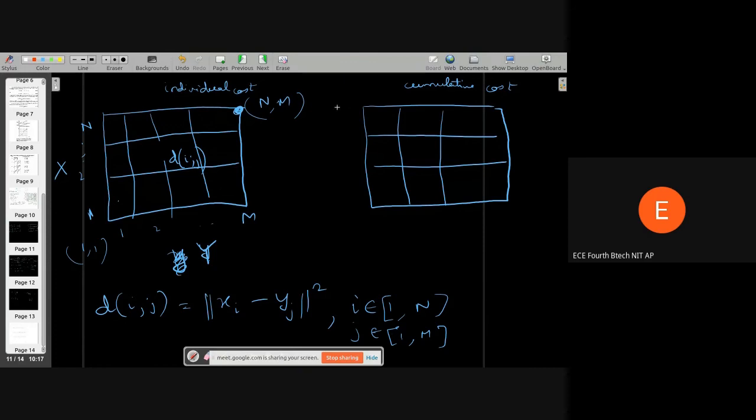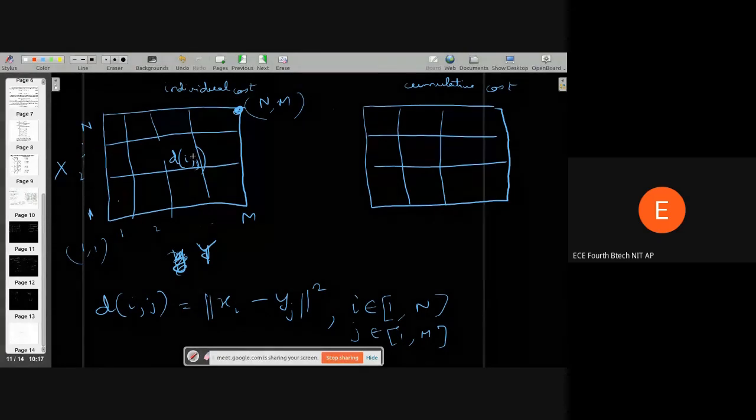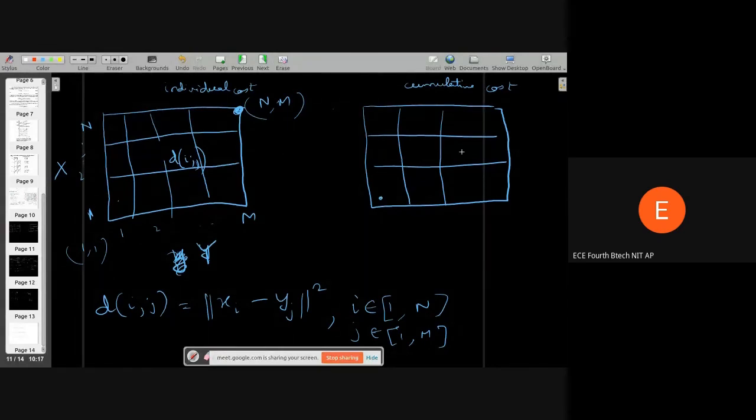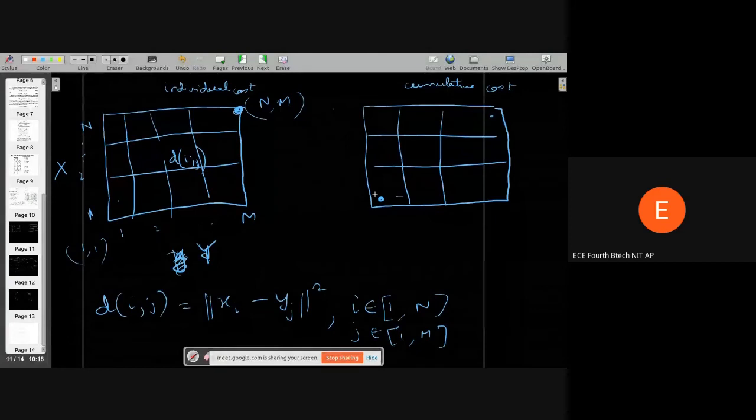What is happening here? It's better to have this distance because it serves as a lookup table to calculate this cumulative distance. So when you are here, obviously there is only one distance. There is no concept of any cumulative distance again. Only d11 is there.